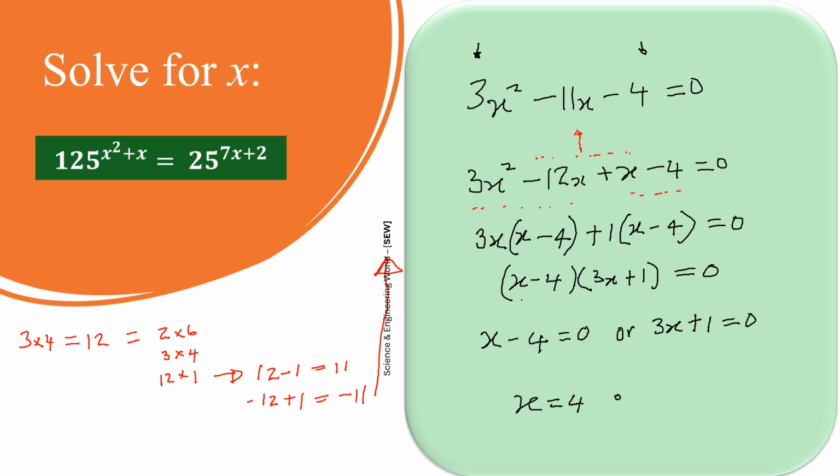Or if you take this one to the other side, minus 1, and divide by 3, that will give us x equals minus 1 over 3.